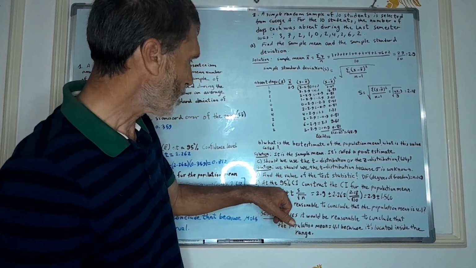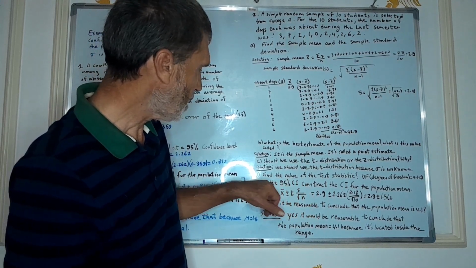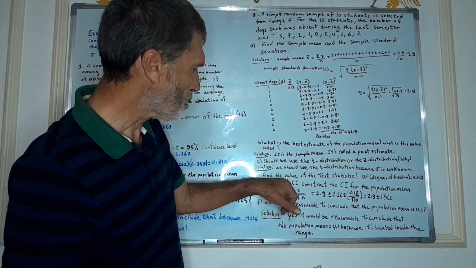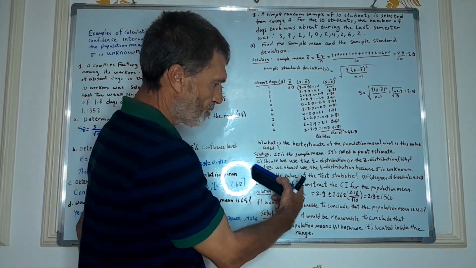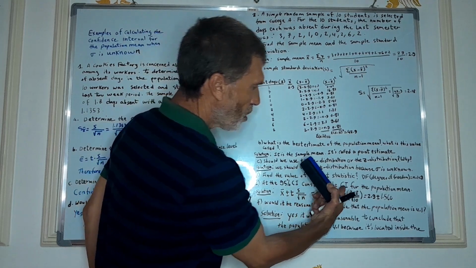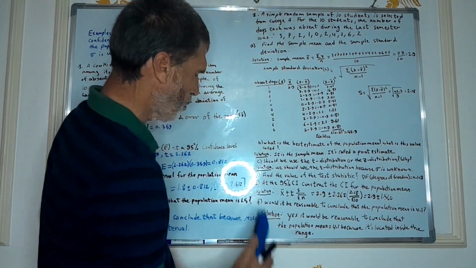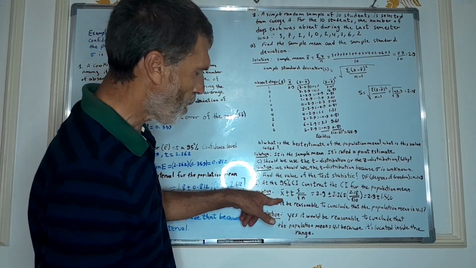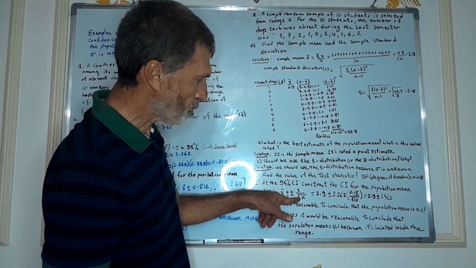So as you can see, the question says at the 95% confidence interval, CI, construct the confidence interval for the population mean. And this is the formula solution: x bar plus or minus t times s over radical n.